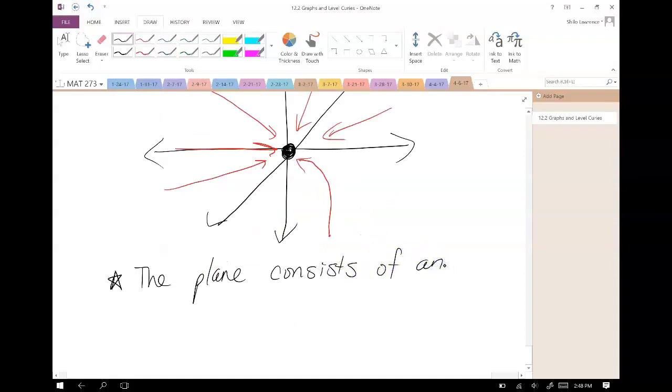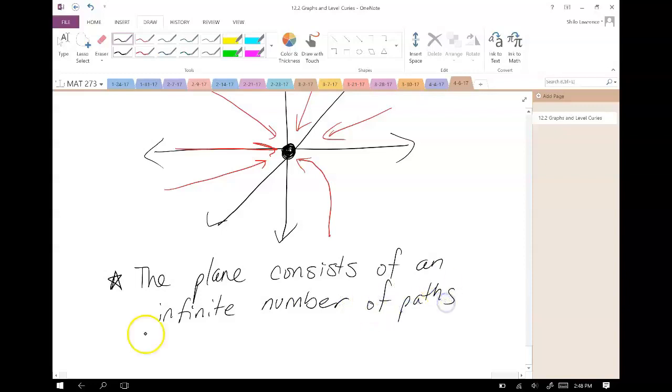So our plane consists of an infinite number of paths that can approach a single point. And the limit on every single one of them has to be the same if we want the limit to exist.